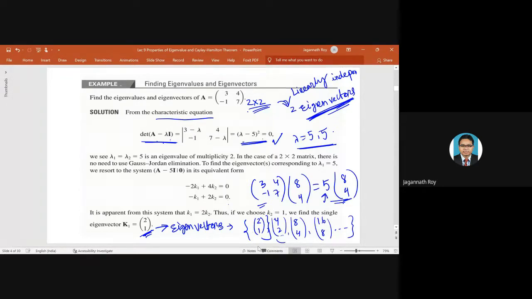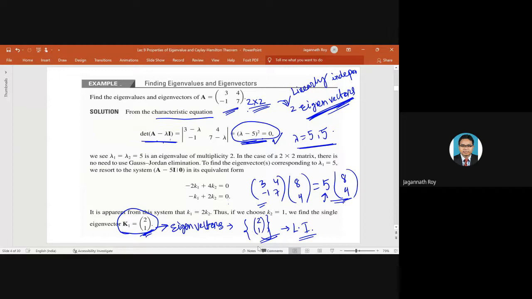So although this is a 2 by 2 matrix with a repeated eigenvalue, we get only a single linearly independent eigenvector, because all these values can be represented by this one. There may be an infinite number of choices for eigenvectors, but for linearly independent vectors, you will have only one.